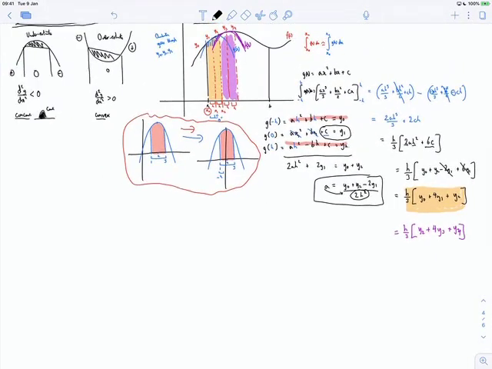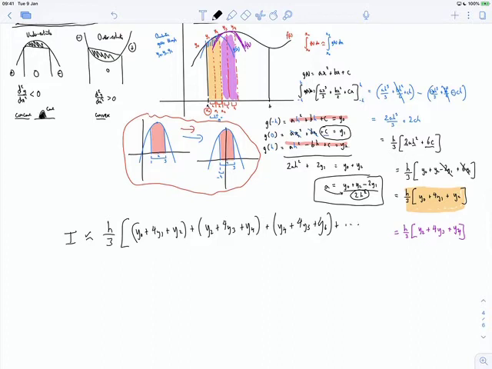Well, I can actually say this integral is approximately h over 3 lots of, and now the first one is y0 plus 4y1 plus y2, plus the next one would be y2 plus 4y3 plus y4, plus the next parabola would be y4 plus 4y5 plus y6, plus, and so on and so on. And then the last one, the last parabola, well, what would that be?